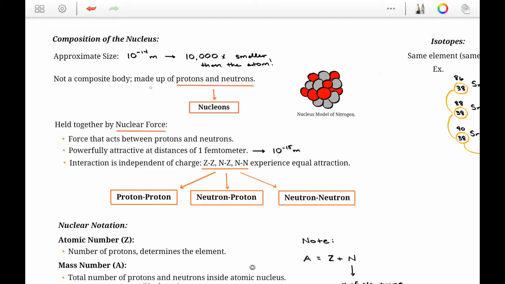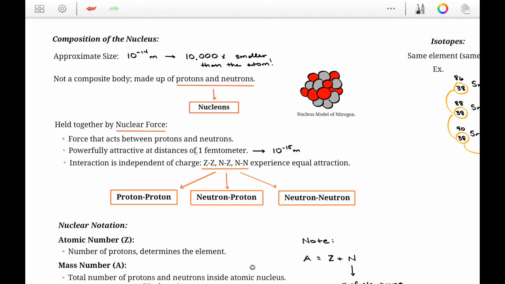As we already know, every nucleus is composed of a certain number of protons and neutrons, but we can collectively refer to protons and neutrons as nucleons. Each of these nucleons is held together by a nuclear force. What's interesting about this nuclear force is that it's very attractive at distances of 1 femtometer, which is 10 to the negative 15 meters.